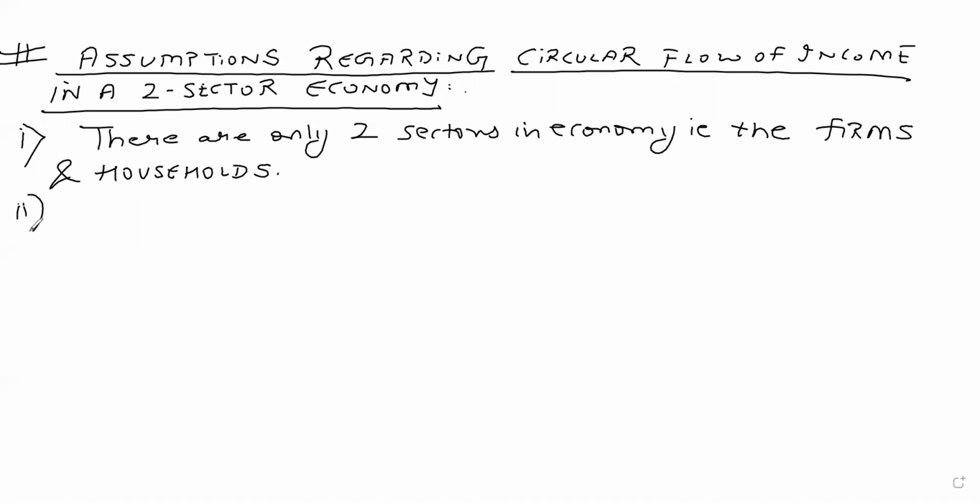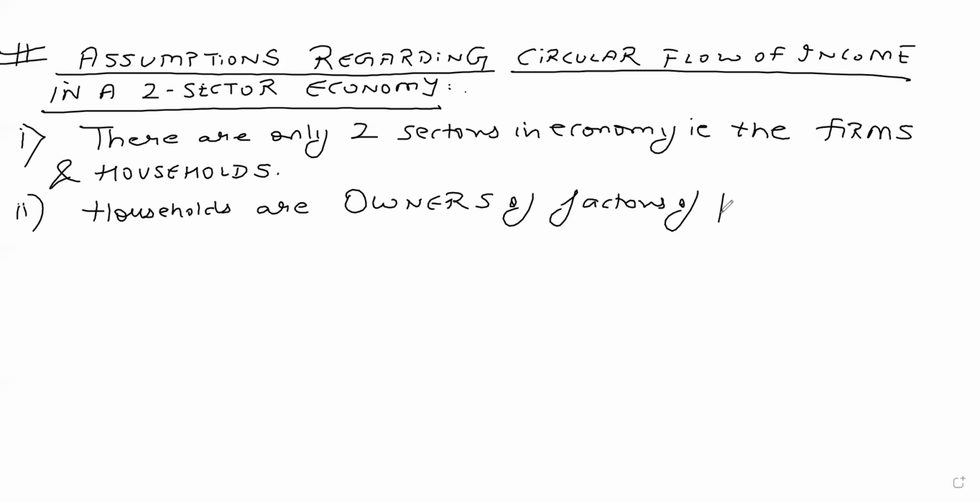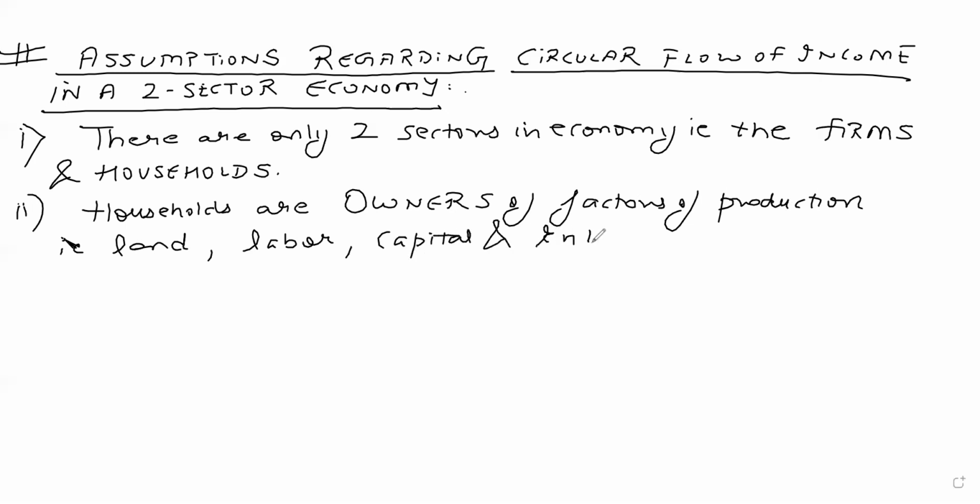Second assumption, households are the owners of the factors of production. What are the factors of production, guys? They are land, labor, capital, and entrepreneurship. We have done this in our microeconomics course. And who owns them?